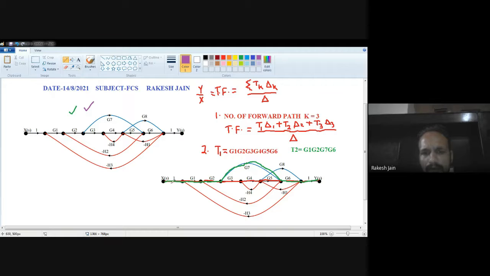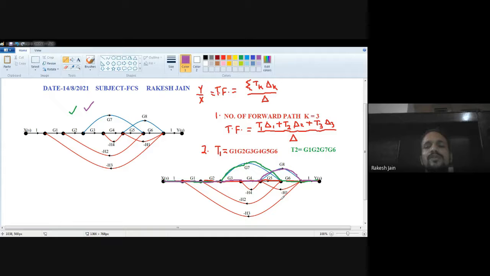Okay, so 1, then G1, G2, then G3, G4, sorry. 1, then G1, then G2, then G3, then G4, and then jump to the upper G8, and then 1.